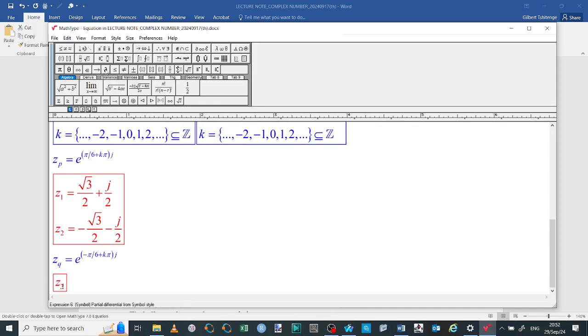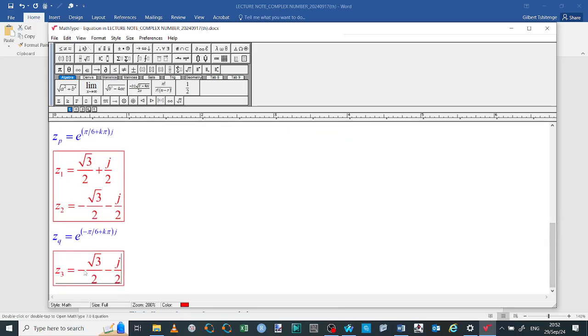Lovely. Then z3 will be equal to, in this case, if k is equal to 0, of course, for minus pi over 6, I'll end up in the fourth quadrant. In the fourth quadrant, your real part is positive and your imaginary part is actually negative.